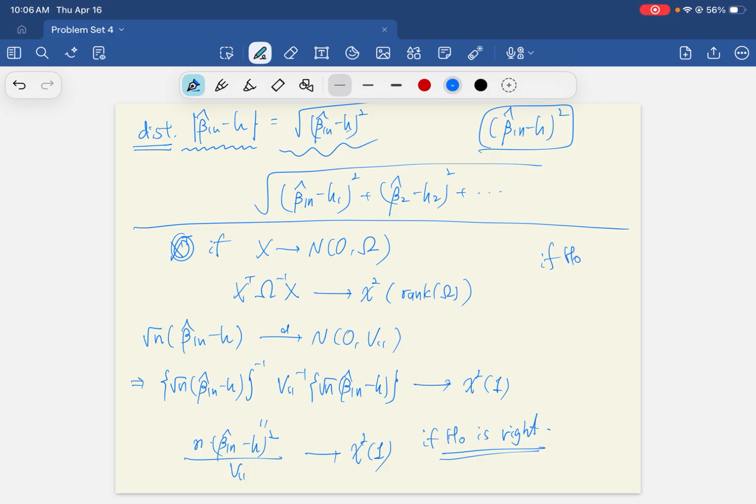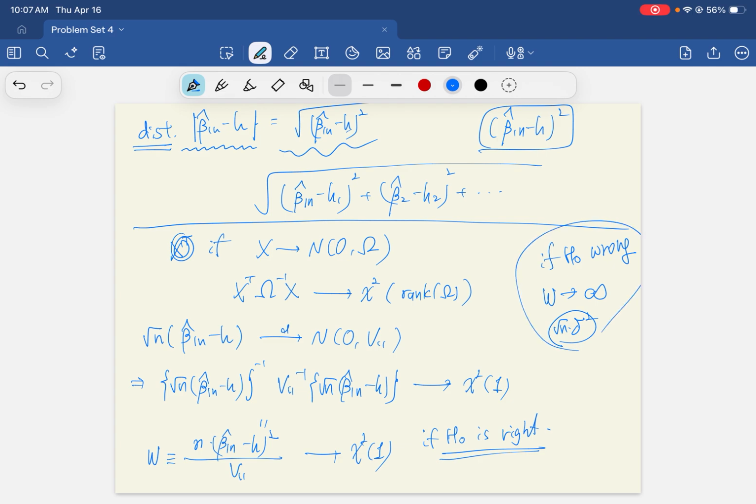If h here is wrong, it is also easy to show that I will define this as, say, W. W will go to infinity, right? By the same logic, because W will be like square root n times delta plus something plus normal distribution, but its square will go to positive infinity.